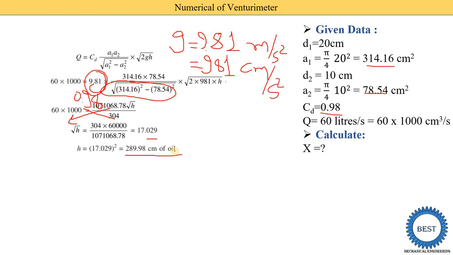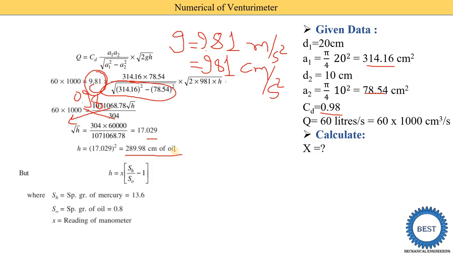Now what is the equation of the H? Equation of the H is equal to X in bracket SH divided by SO minus 1. So here we put SH is equal to 13.6, means specific gravity of mercury, divided by specific gravity of oil, that is given 0.8, and X indicates the reading of manometer that we need to find out.